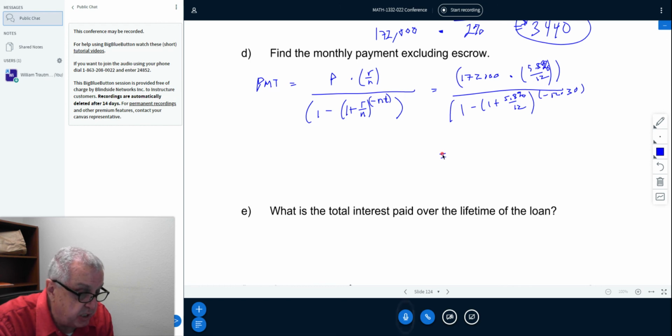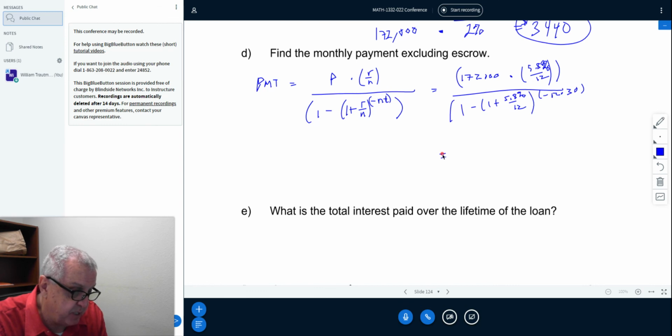So I'll put this all in my calculator. I hit a fraction first, parentheses 172,000 times 5.8% divided by 12. Close that parentheses. Start a new parentheses. 1 minus parentheses 1 plus fraction 5.8% over 12.